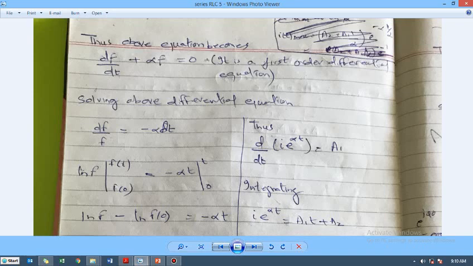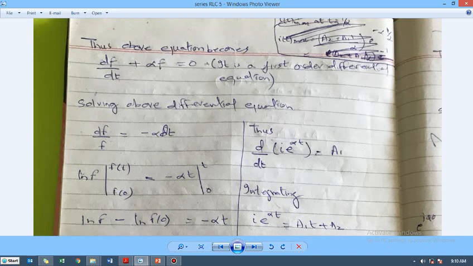You see, we have arranged from this point. I have taken alpha f from the left side to the right side, and then cross multiplied with dt here and df here. Then we integrated, integration here and integration here.